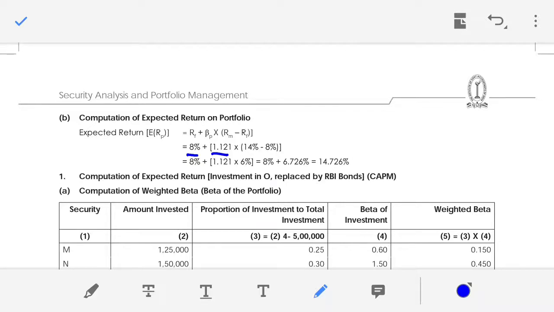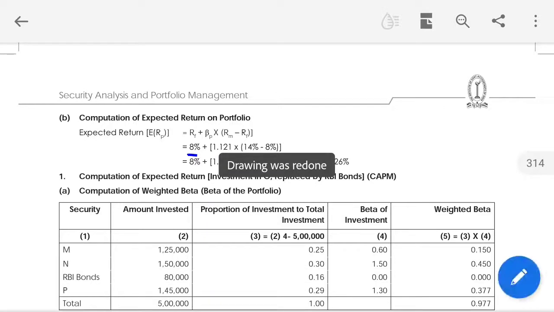And 14% is the NIFTY rate, market rate, minus risk-free rate. So this is how we can calculate the expected return on a portfolio consisting of stocks MNOP.